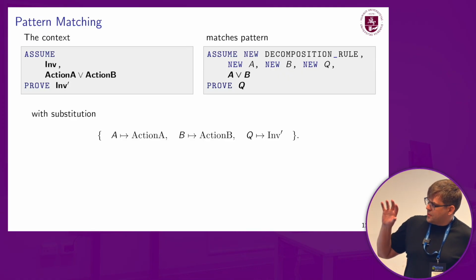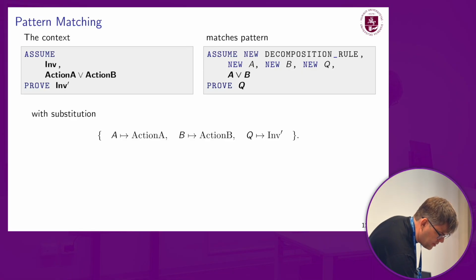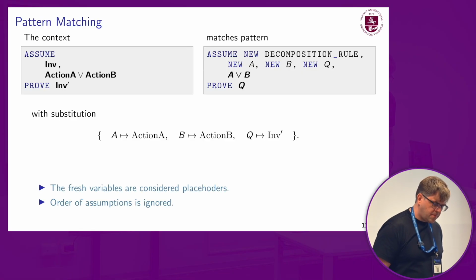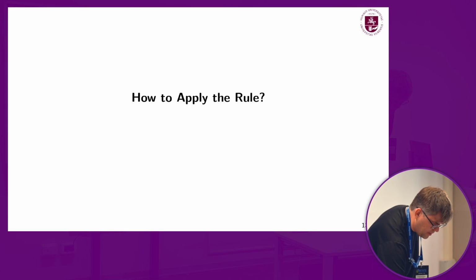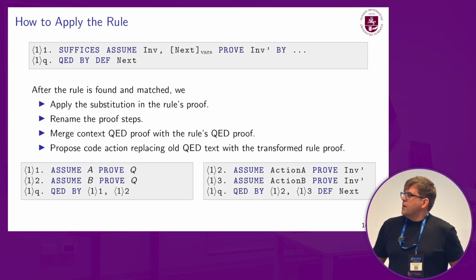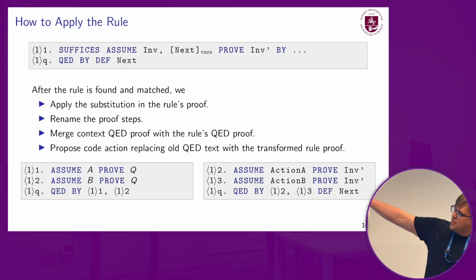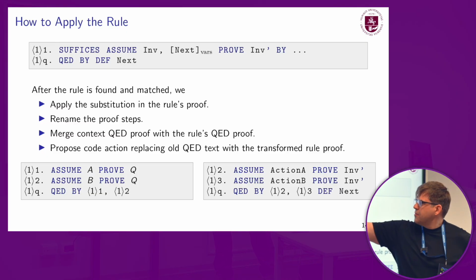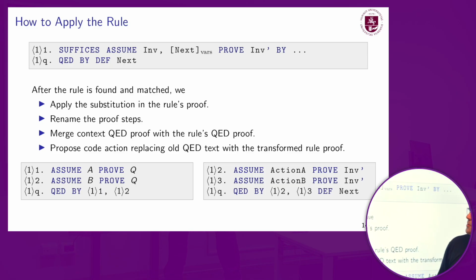If this rule matches the context, we can go further and apply it. So how to apply the rule to an actual case? The upper part is the beginning of that example we had initially. So we're proving the invariant, and now the focus is on that one QED step.